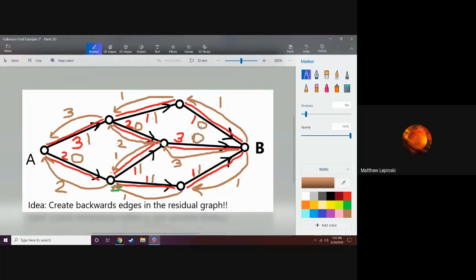One way to avoid loops is to keep track of the nodes that you visited already, and don't consider a path that has a loop in it. If the pathfinding algorithm you use as a subroutine never does any looping, then you're never going to create a loop in the process of running this algorithm through multiple iterations.